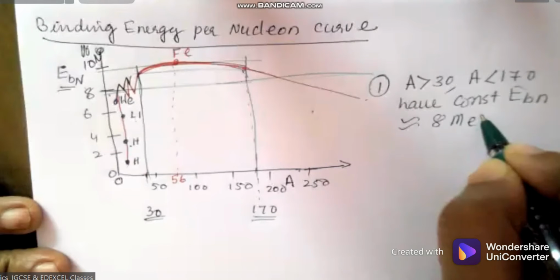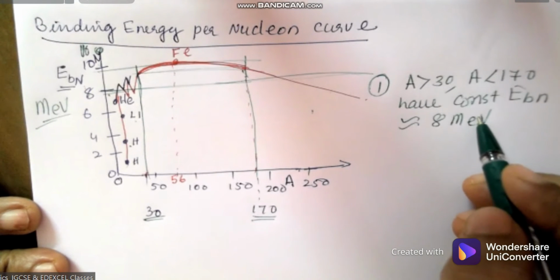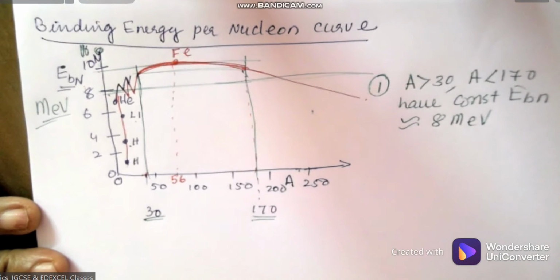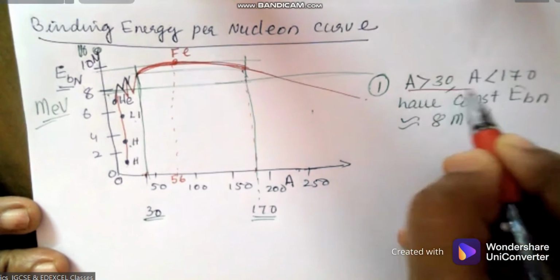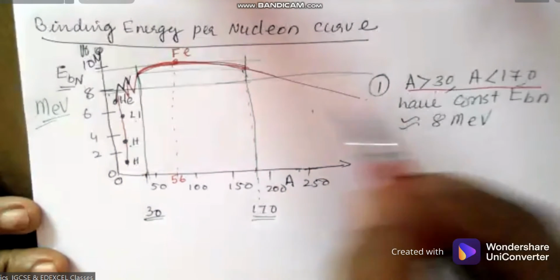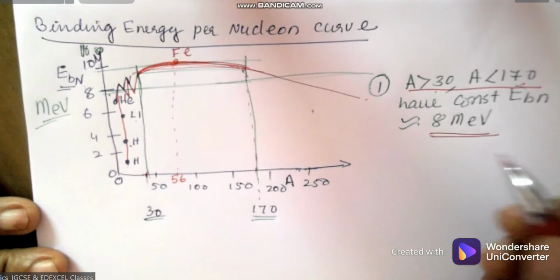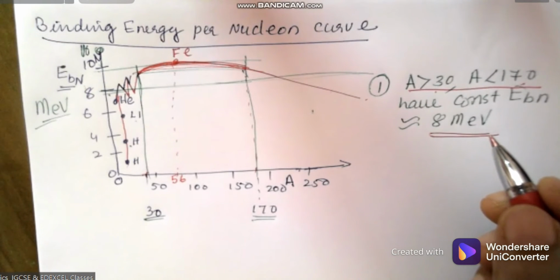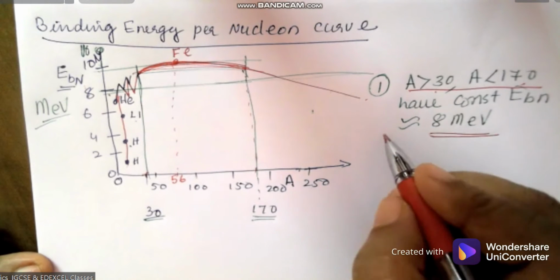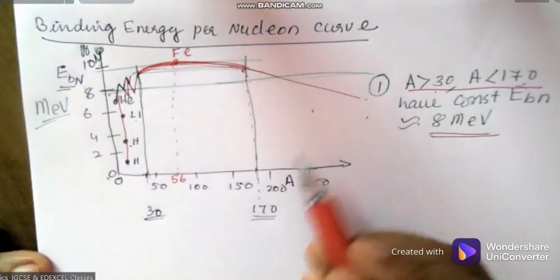Nuclear energies are in MeV. Okay, this is the first observation. Most of the elements with mass number 30 to 170 have almost constant binding energy in this range, and it is around 8 MeV.